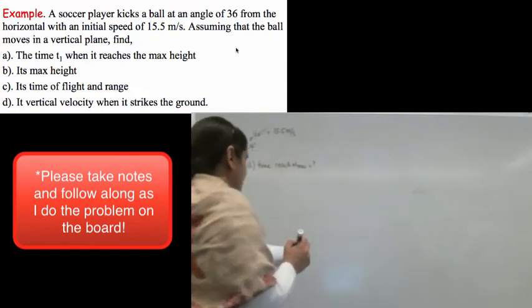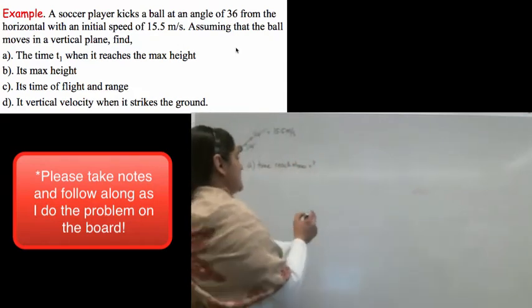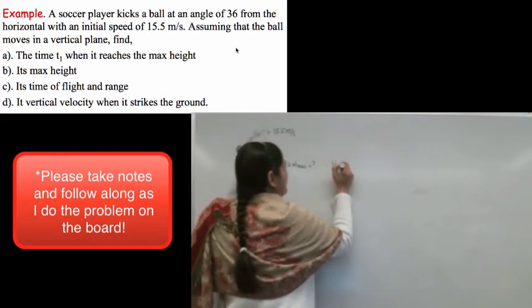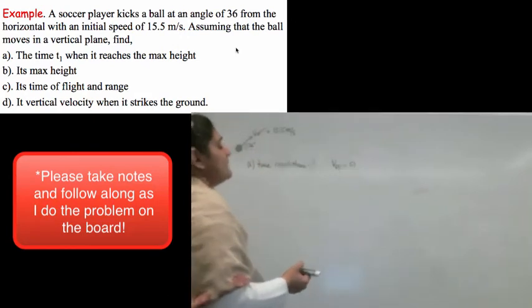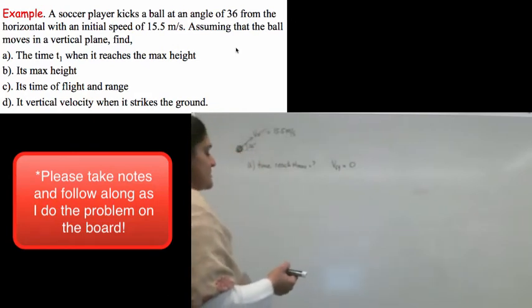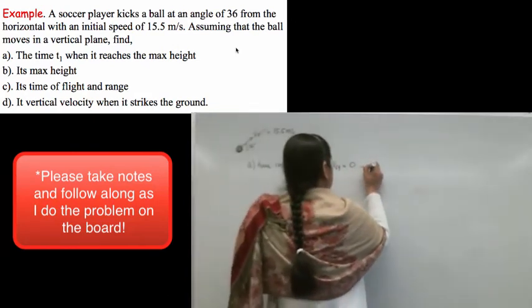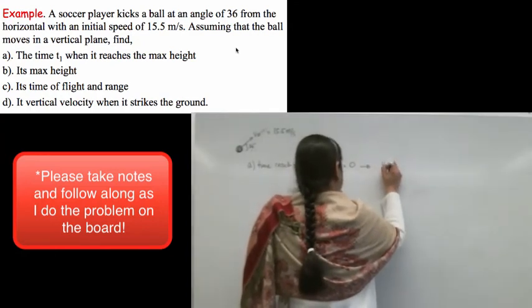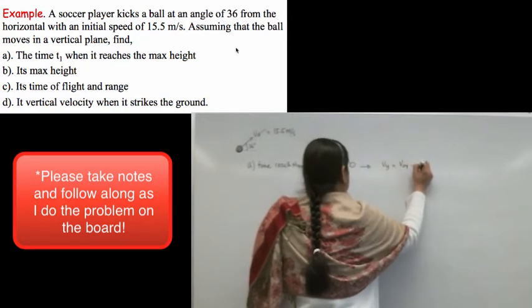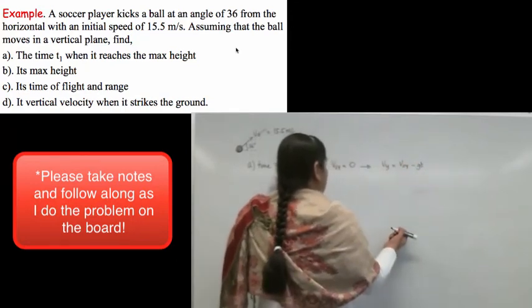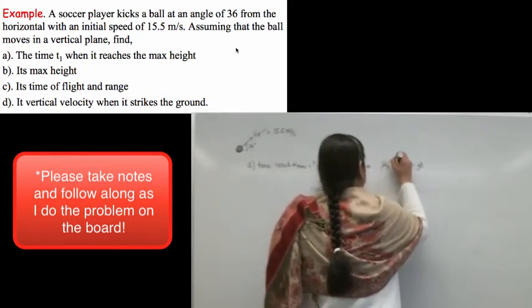Well, that one's interesting because what do we know? We know that at maximum height, the velocity in the y direction is equal to 0. So this means I can use the equations of motion, which is Vy equals V naught y minus gt, right? First equation of motion. This goes to 0.